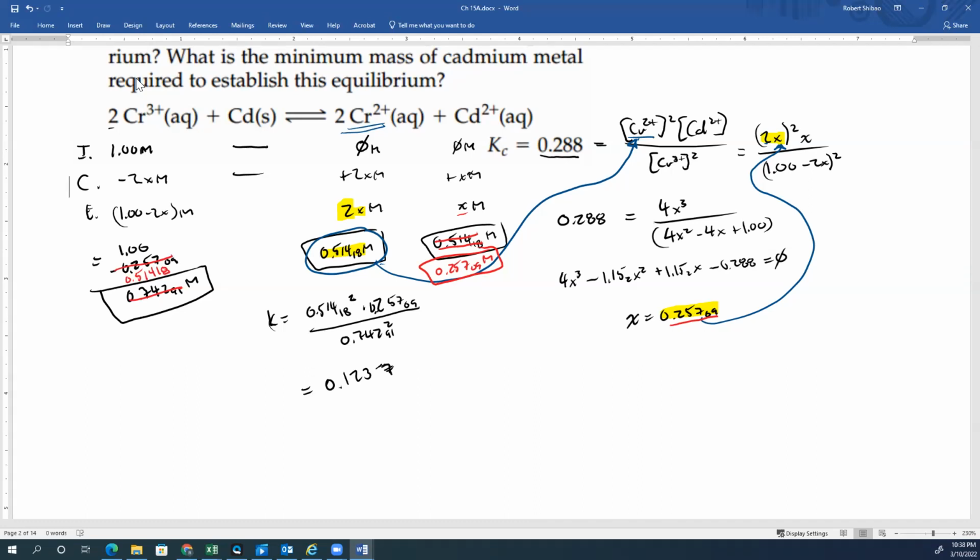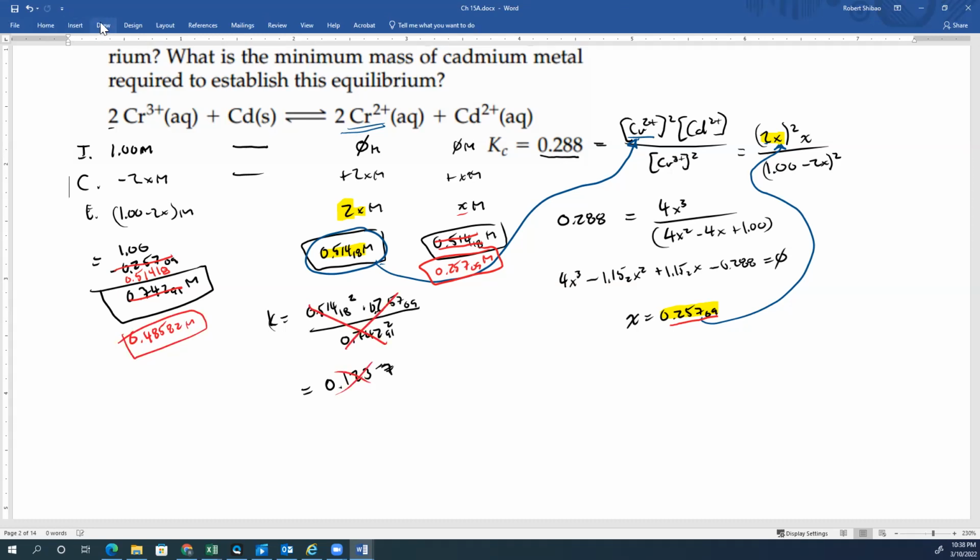So it's going to be 1 minus 0.51418 is going to come out to 0.48582. I'm only allowed 2 decimal places here because it's 1.00. So I'm carrying 3 extra digits here, just to see if my K comes out closer.